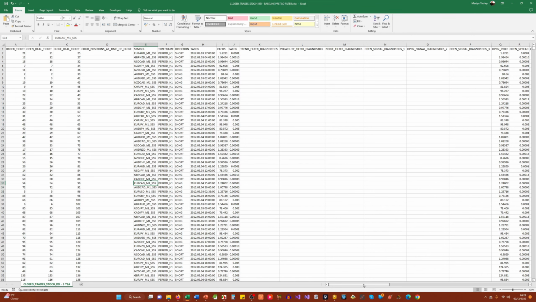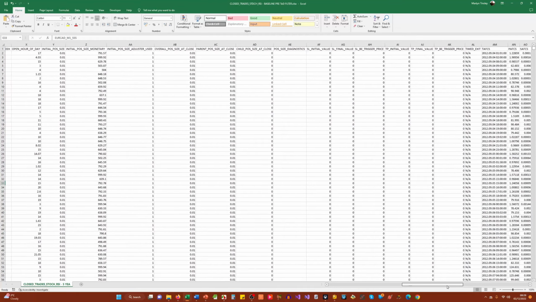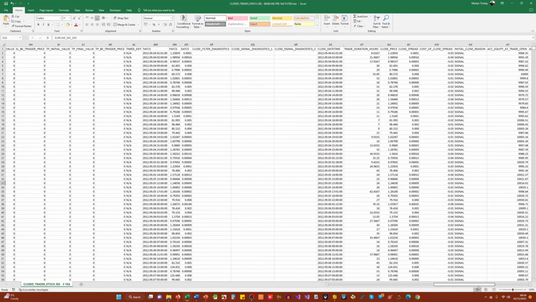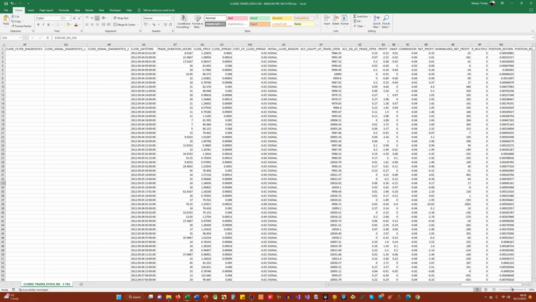Now, this can be an absolute goldmine of information to enable you to analyze your strategies and then, of course, to implement improvements. And I find this a far superior way of performing analysis than simply using the built-in MT5 strategy tester charts. And of course, the additional advantage is that you also have access to this information from your live trading accounts.